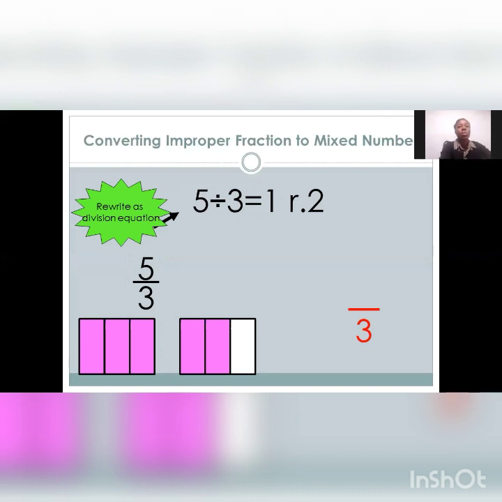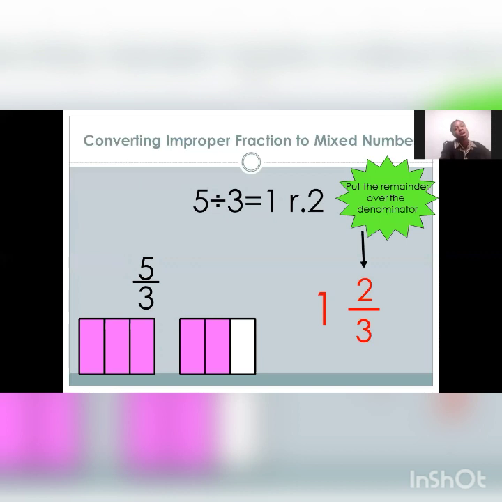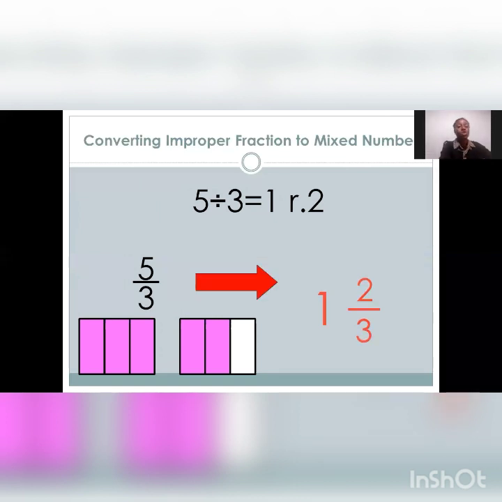We take the 1 and put it in the whole number spot, take the 2 and put it over the denominator, showing us that 5 over 3 can be converted into 1 and 2 over 3.